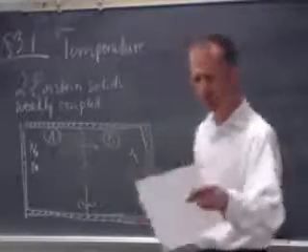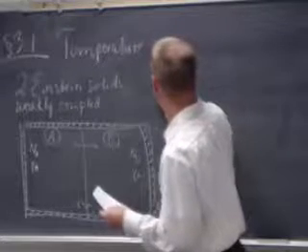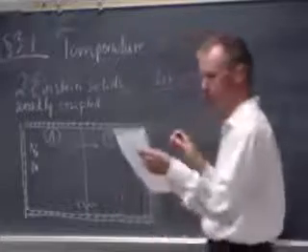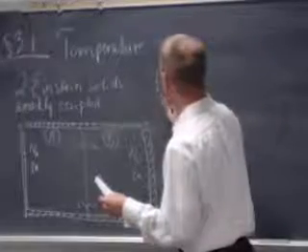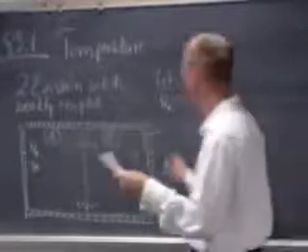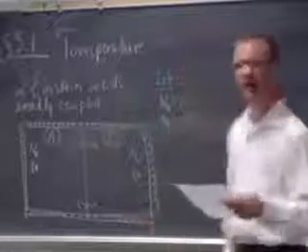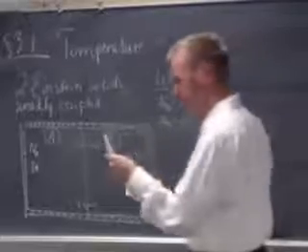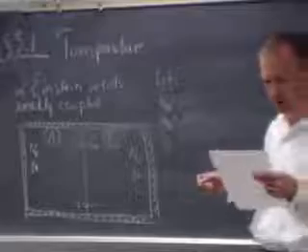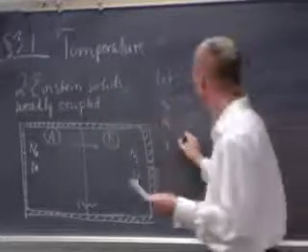So in this example, let's look at one example. A has 300 oscillators. B has 200 oscillators. And the total quanta of energy is going to be the sum of the amount held by A and B, which can shift.